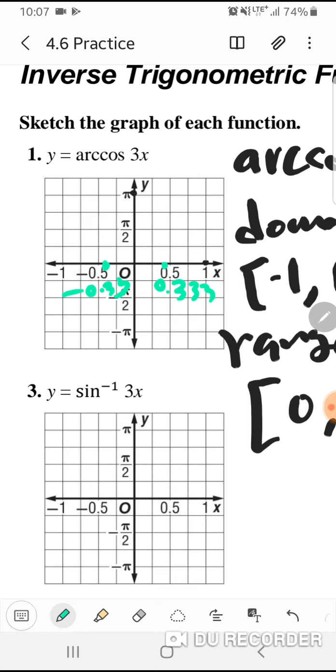Okay, so that will be our domain, but our range wouldn't change because that's what our answers will come out as. Okay, so now we have a starting point from here, and an ending point from here, and then we'll still have this part as what?